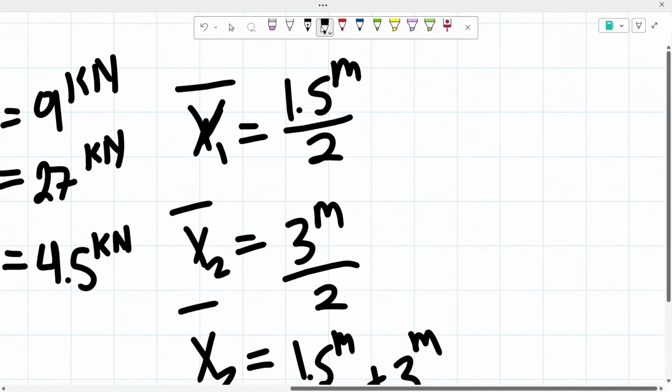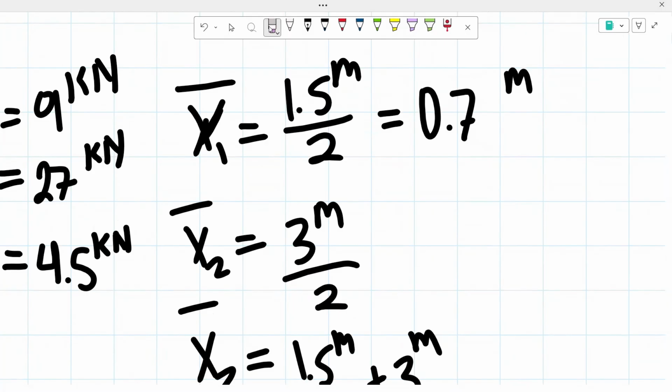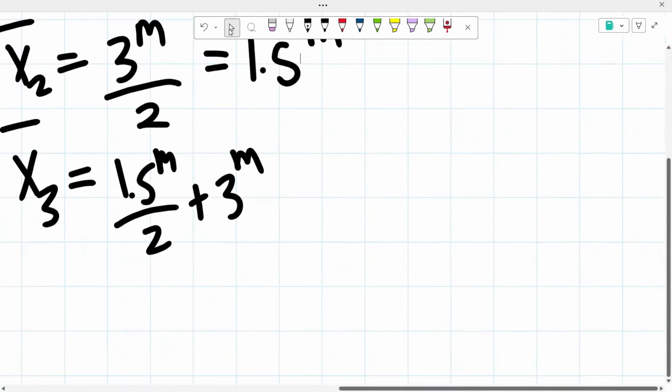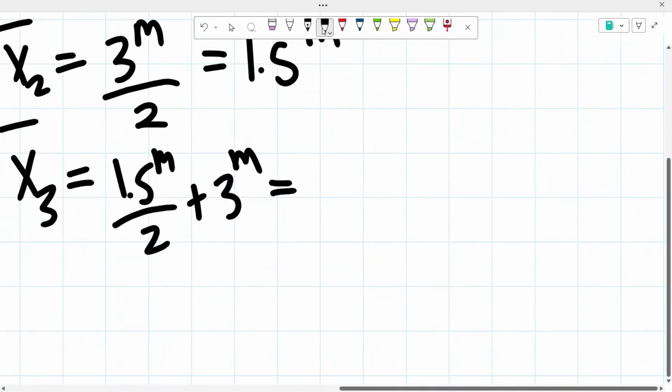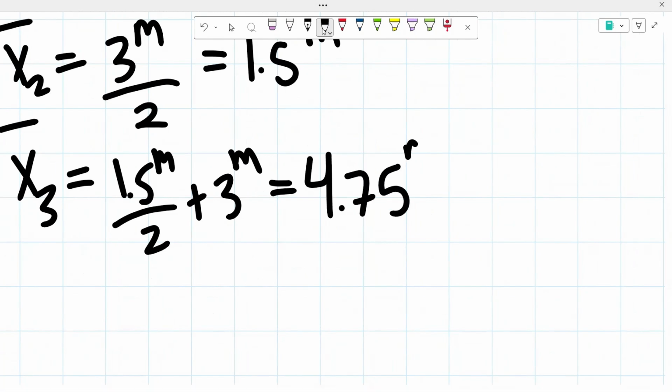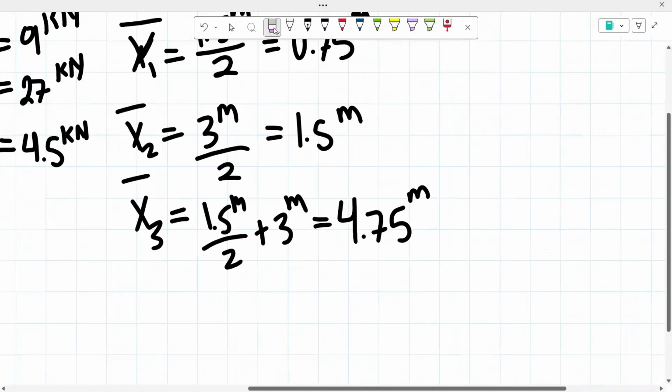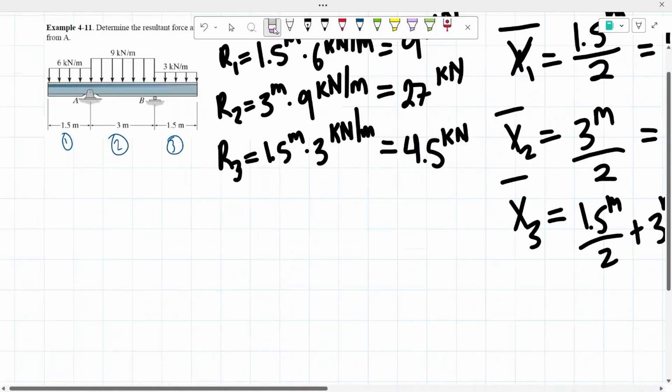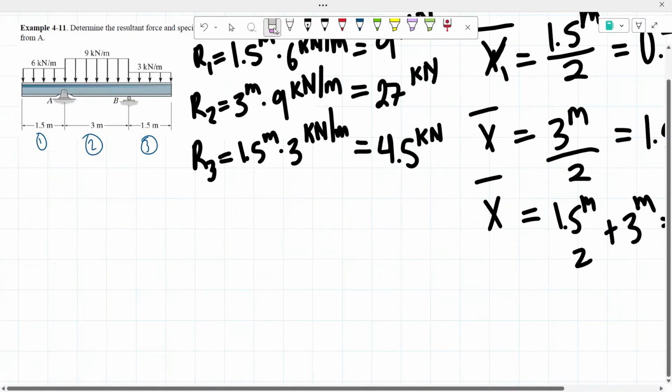So this should give us 0.75 meters. This should give us 1.5 meters. And then this should give us 3.75 meters.